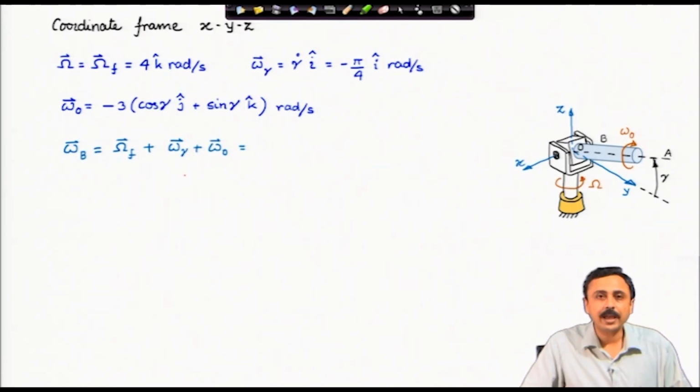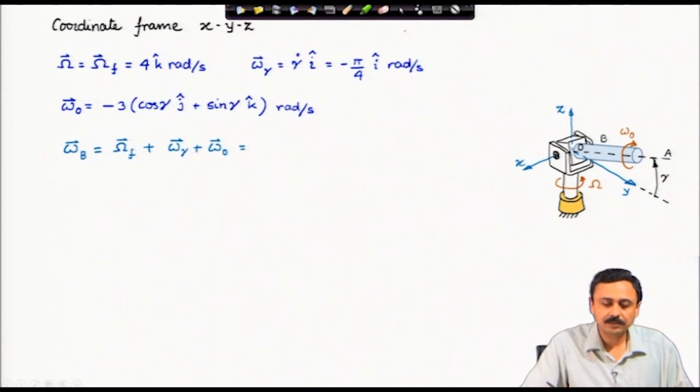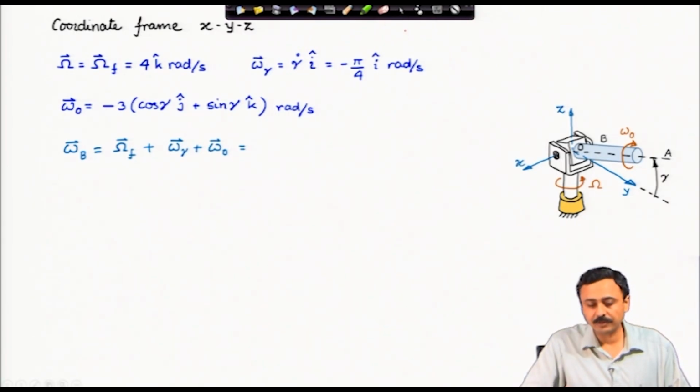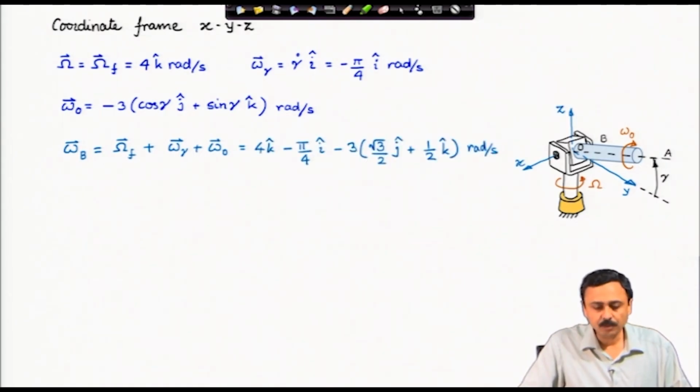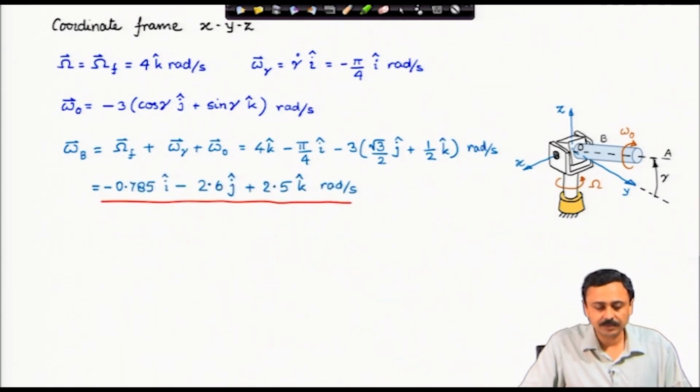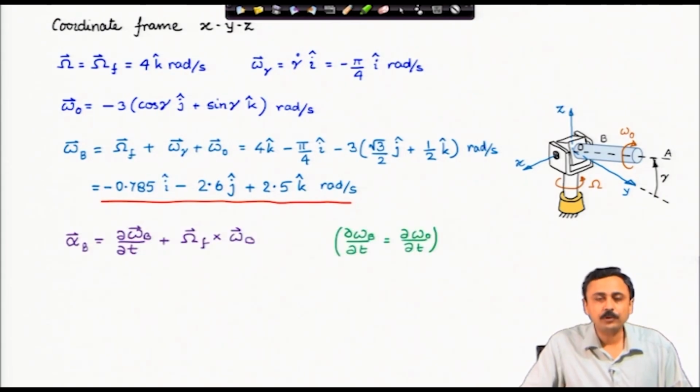Therefore, net angular velocity is omega frame plus the angular velocity relative to the frame or as seen by the local observer. You plug in these vectors that we have derived, and we get the net angular velocity of the body of the shaft, and you can find out the magnitude of course.